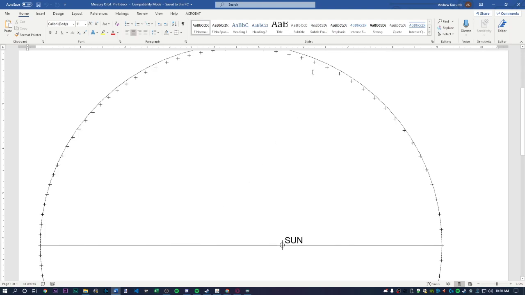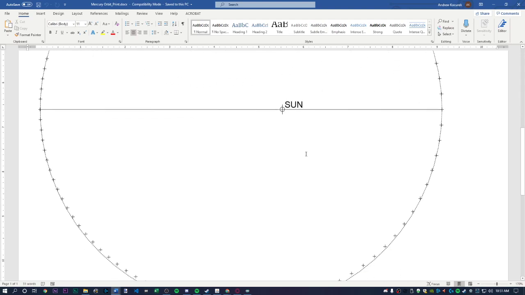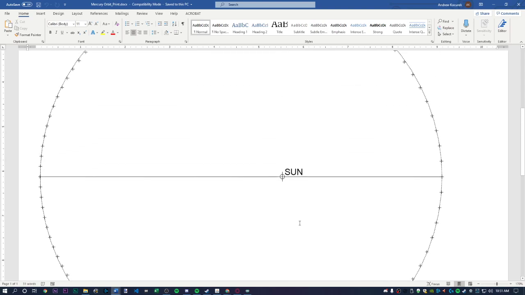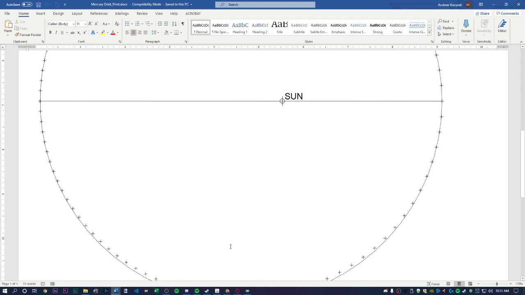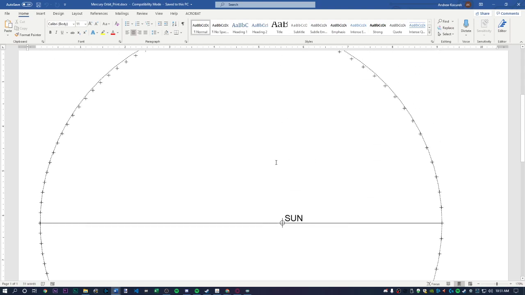You're going to need to pick three particular points in Mercury's orbit of these crosses. It doesn't really matter where, but you need to pick three of them, like maybe two up top, one on the bottom.